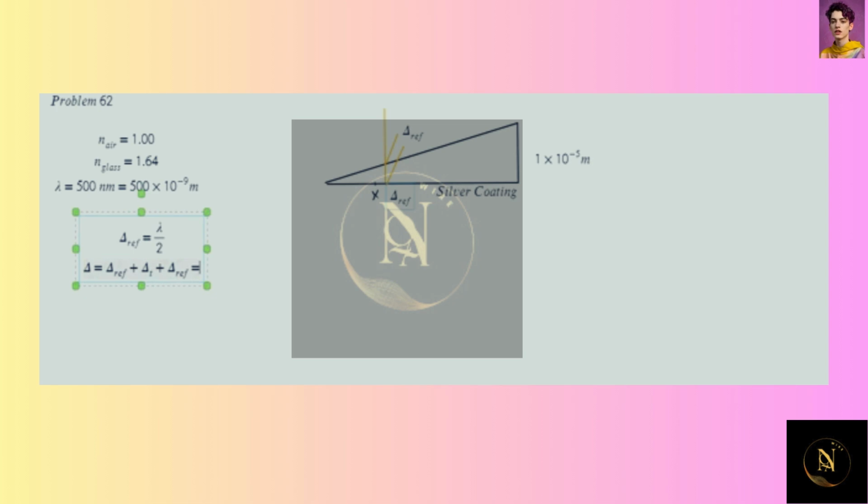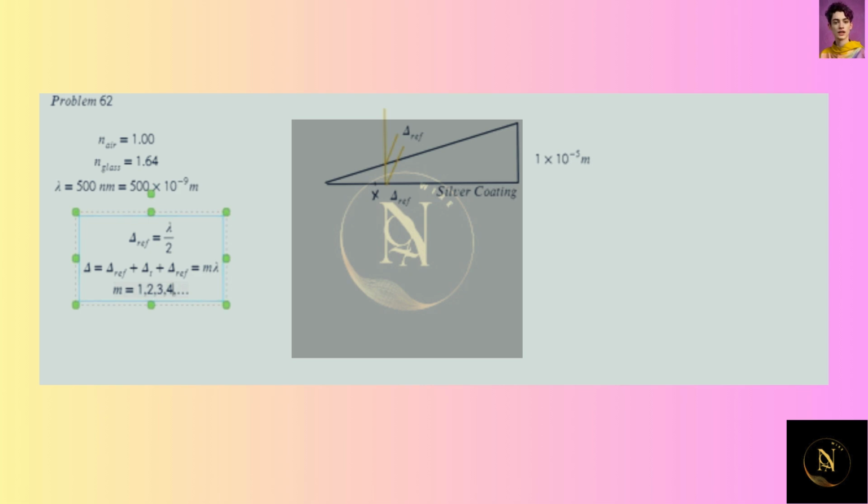For constructive interference, the net path length difference must be equal to some integer multiple of wavelengths, lambda. So m is going to be 0, 1, 2, 3, etc. But since the thickness is non-zero, this can't be equal to 0, so we start at 1.